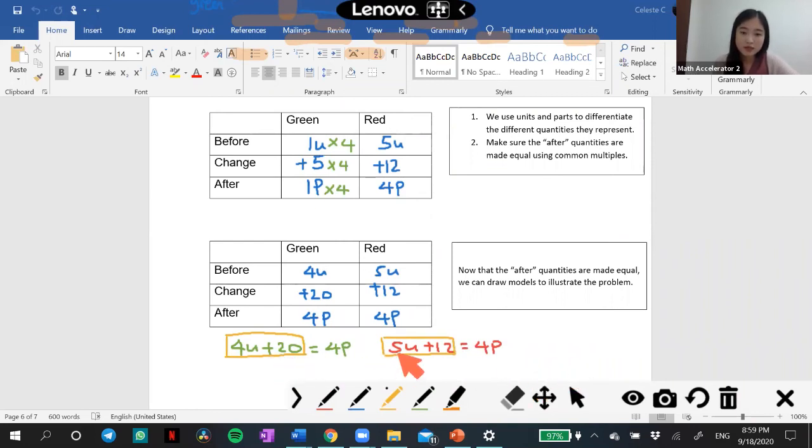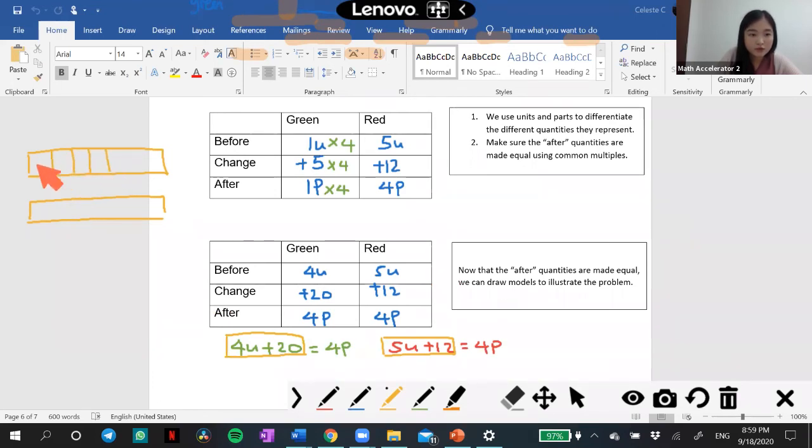Right, so using this, we can draw the model. This is for the green, this is for the red. So 4 units for the green, 1, 2, 3, 4.